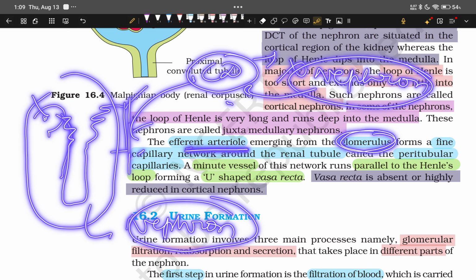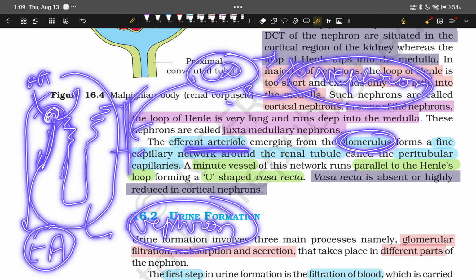Afferent arteriole was coming into the glomerulus, and then glomerulus was forming tuft of capillaries, and this efferent arteriole was coming out from the glomerulus, right? And that forms fine capillary network around renal tubule. So around this whole renal tubule, a fine capillary network is formed, and that is called peritubular capillary.